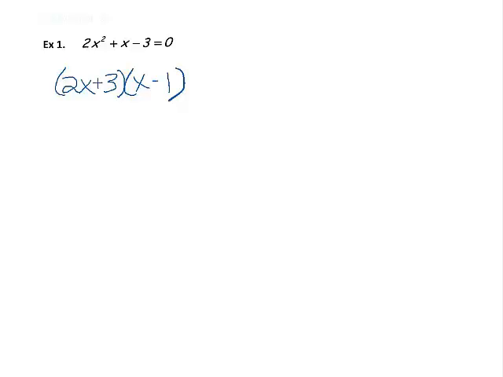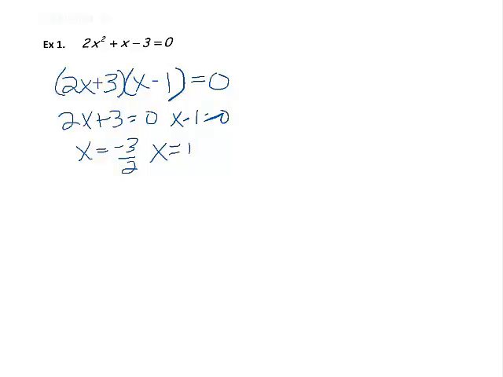Does that look good? Looks good. So look at how easy it was to find these roots. You know, that rational root theorem that we just introduced, well, it doesn't really help me figure out the solutions. I already knew them, right? So here I'd get that x is negative 3 halves, and here x minus 1 equals 0, so x equals 1. Great, so I know the solutions.